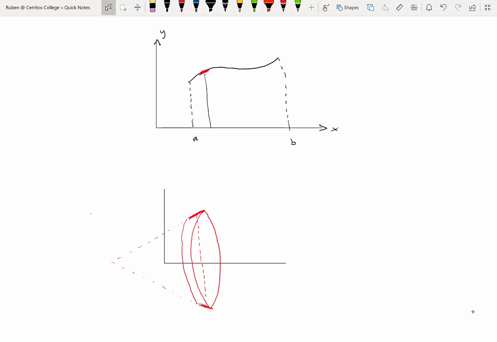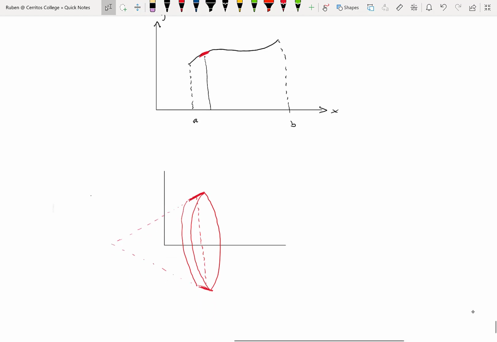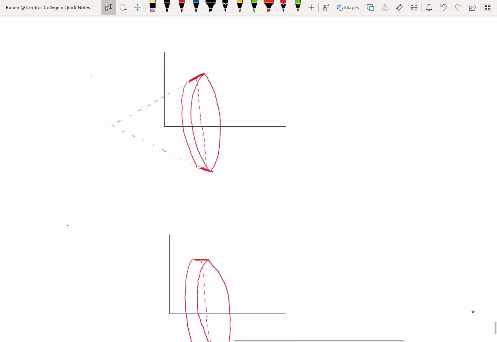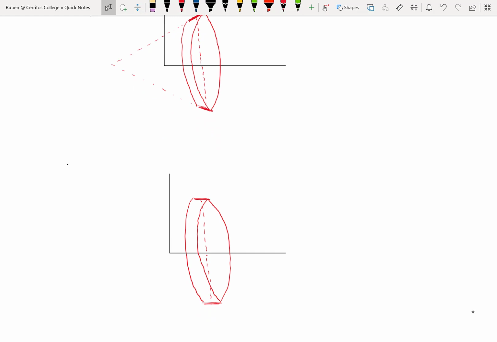And the amazing thing is, if we were to flatten out, or rather take the little ds and make it horizontal and then spin it about the x-axis, we wouldn't be generating a little thin band of a cone. We'd be generating a little thin band of a circular cylinder, a right circular cylinder.